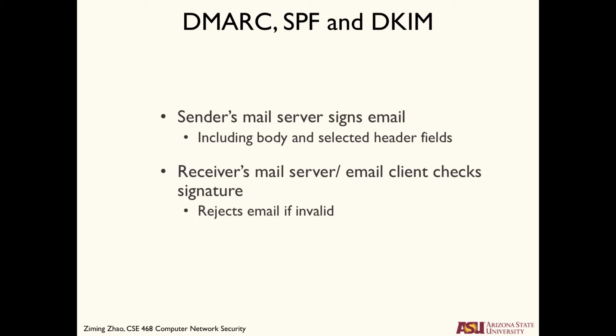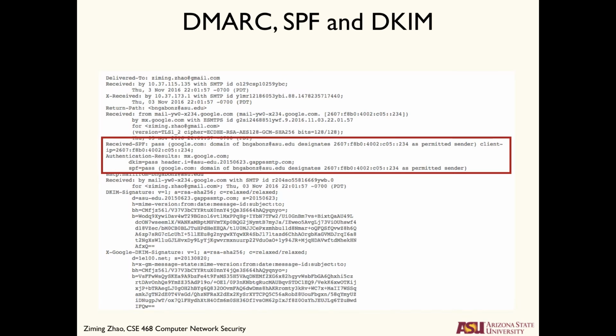Even though this became a standard only last year, it has been widely deployed. If you check your Gmail now, use the Show Original button, you can see header fields like Received-SPF passed the check, and Authentication-Results passed the check, something like that.